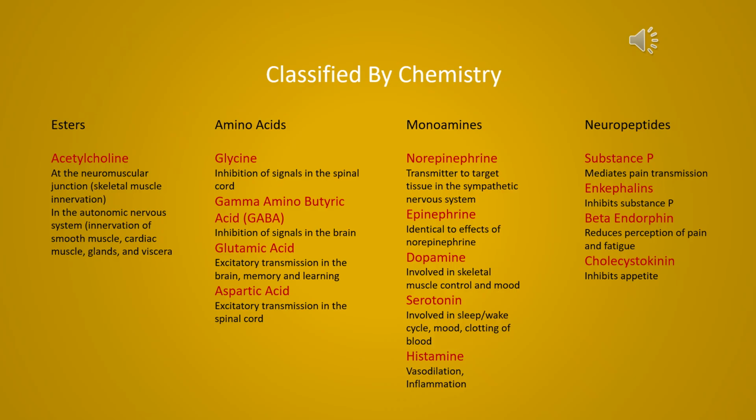Well, notice that we also have a neurotransmitter that will inhibit that. Those are called enkephalins. Then we have the neurotransmitters called endorphins, also called endogenous opioids, reducing the perception of pain and fatigue. So these are naturally produced by the body tissues.